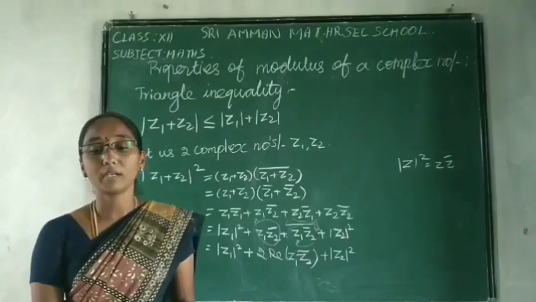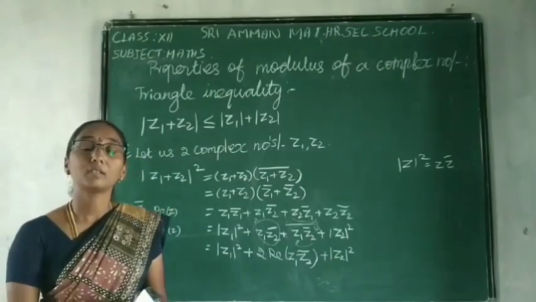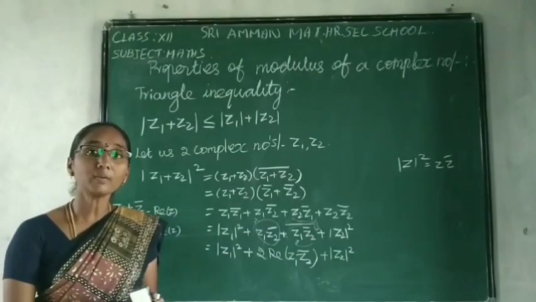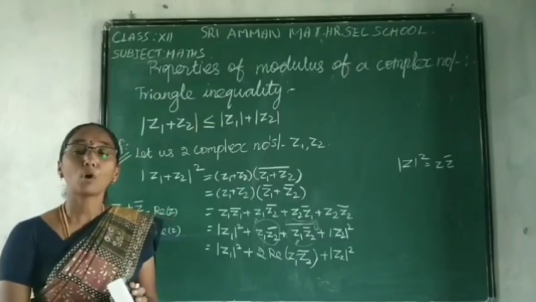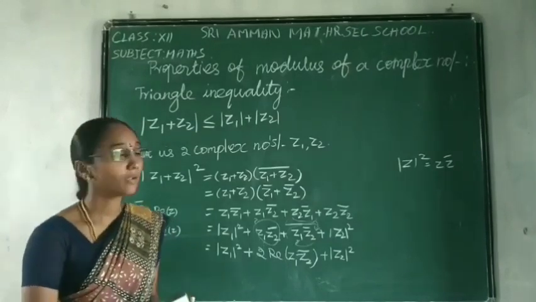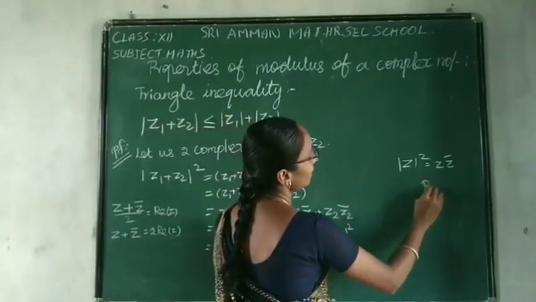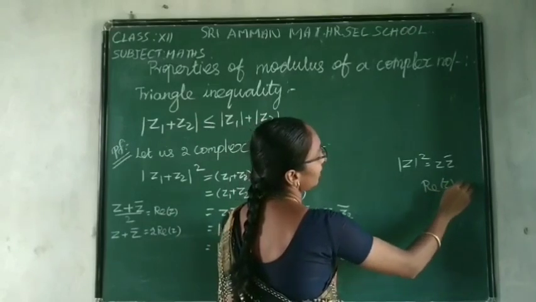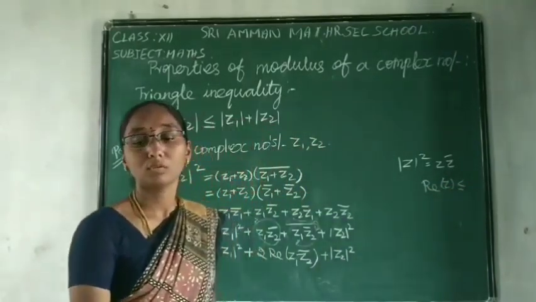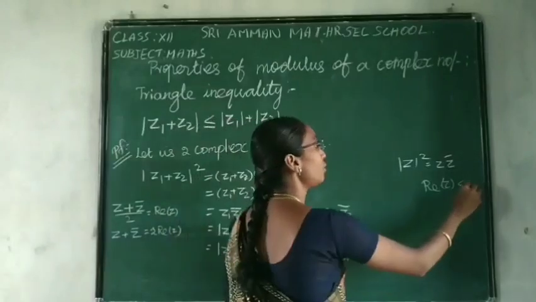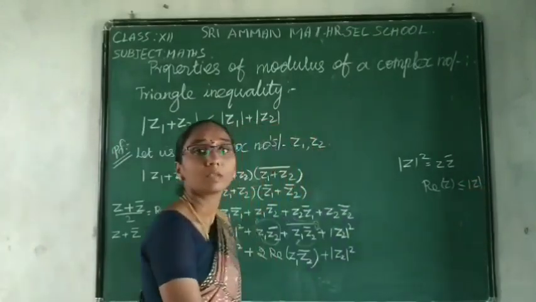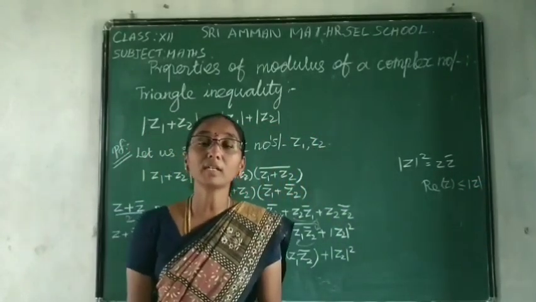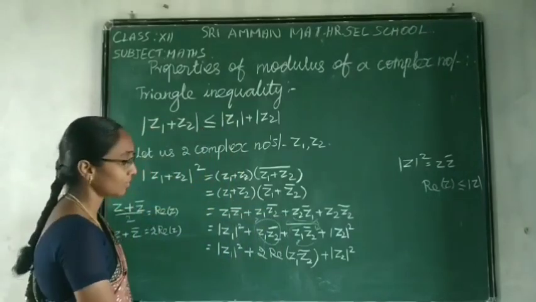Next, property number 7 of the modulus of a complex number: real of z is less than or equal to modulus of z.